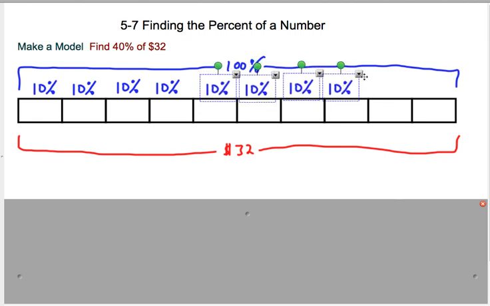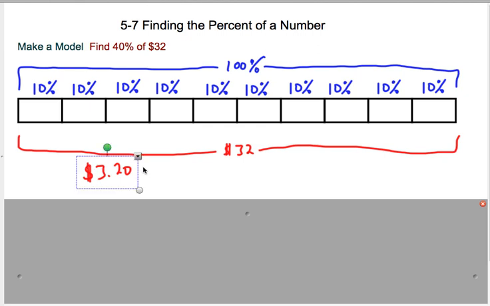And two more. Alright, so each of these squares or rectangles is going to be worth 10% of the price. And if we divide $32 by 10, we get $3.20, which I'm going to write here. $3.20.